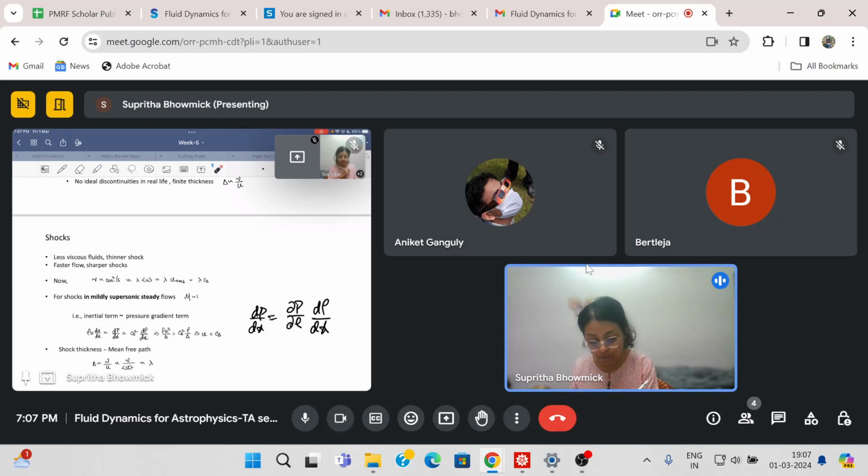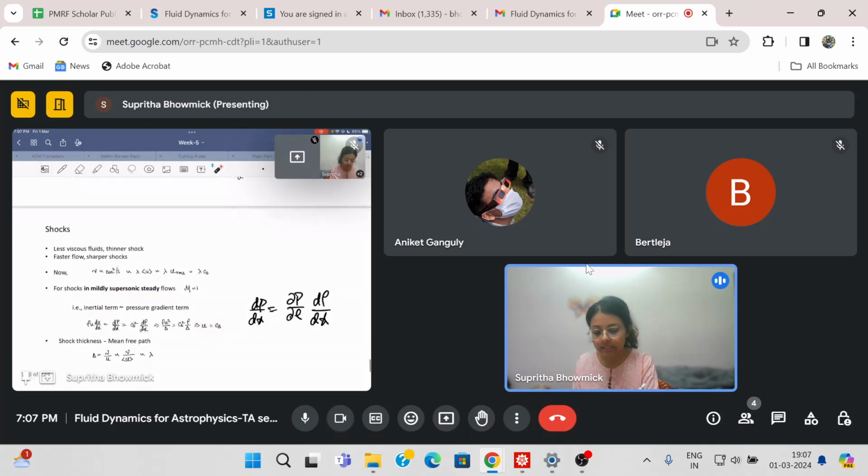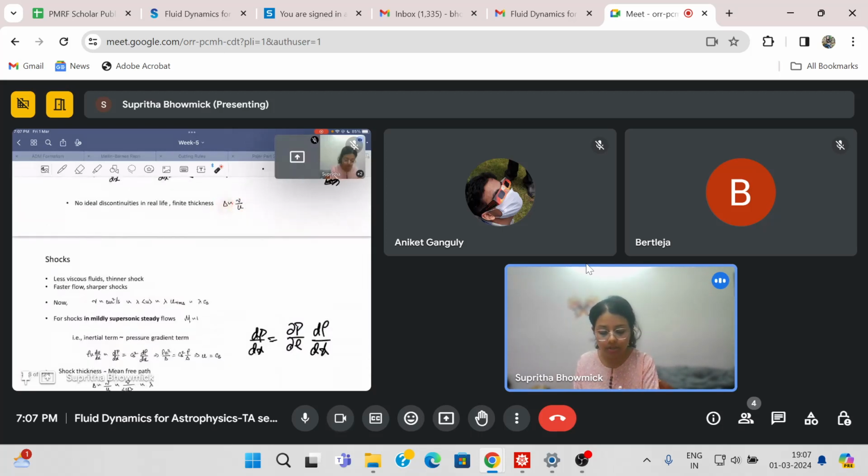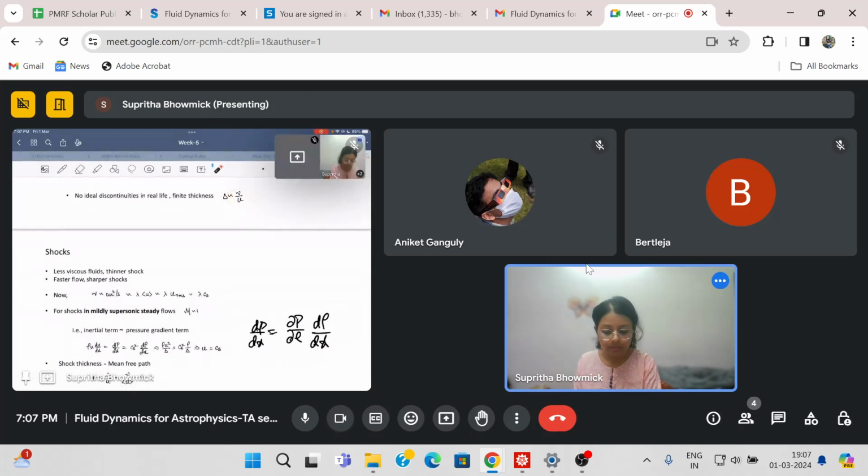And remember, u, this time, is the velocity of the fluid parcel, and it is also comparable to the speed of sound for mildly supersonic steady flows. So what do you get? You get this capital lambda, which was the shock thickness, which is almost equal to nu by u.